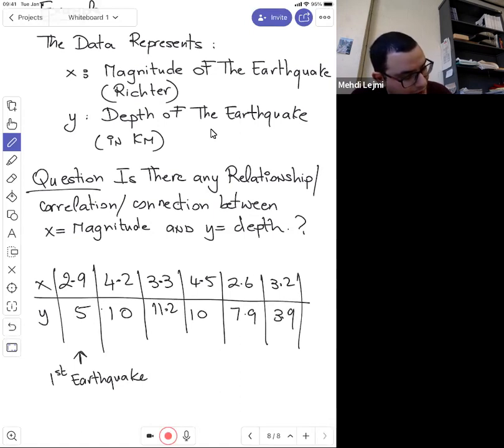For the last earthquake the magnitude is 3.4, and the depth is 5.5.